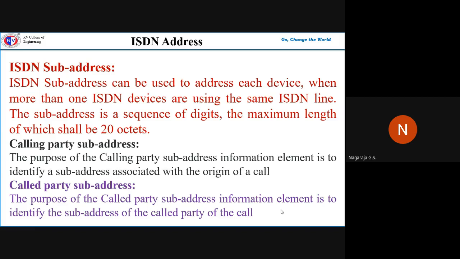So that means we are summarizing the different addresses we are looking for in our transaction or services, whether it's a calling party address, a called party address, or a subaddress. Even if you want to identify something according to your need, you add it, nothing to worry about.